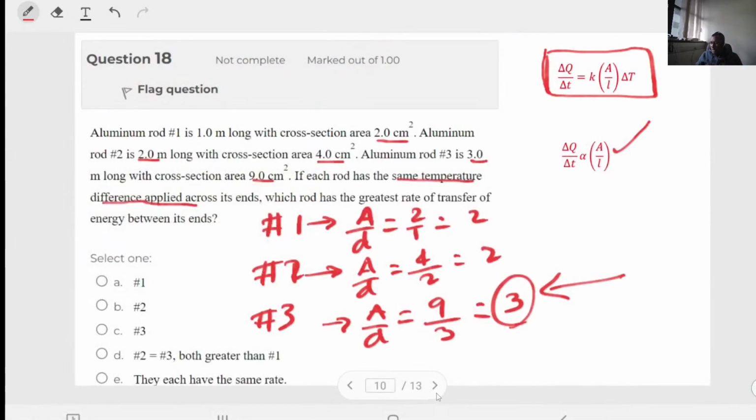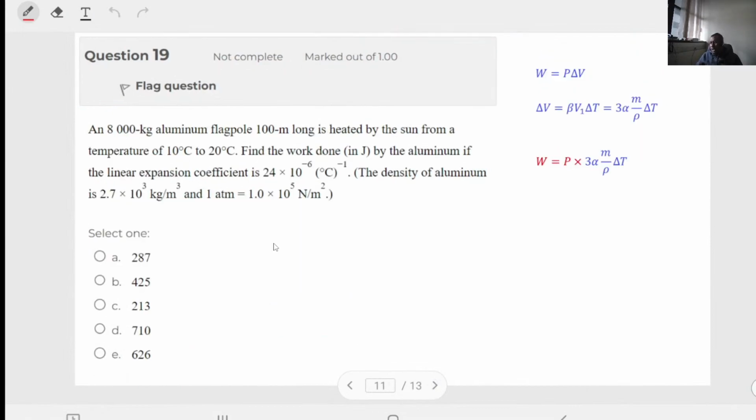Question number 19. I just wanted to finish and disappear now. It says an 8,000 kilogram aluminum flagpole 100 meters long is heated by the sun from a temperature of 10 degrees centigrade to 20 degrees centigrade.